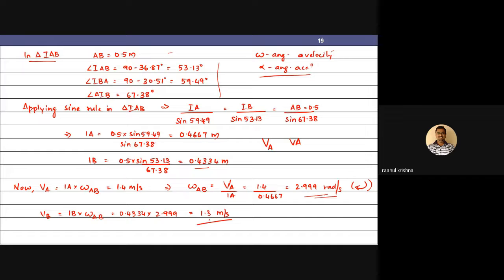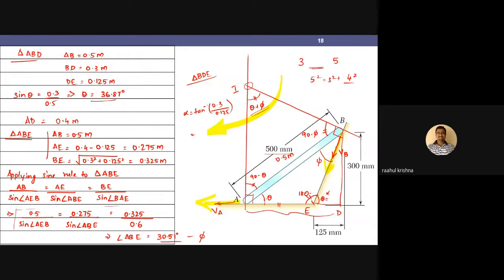Now observe that my velocity at the end A is 1.4 meters per second, and the velocity at the end B is 1.3 meters per second. So the velocities are quite similar, but that is not the case always. Sometimes it may happen that it depends a lot on this length.